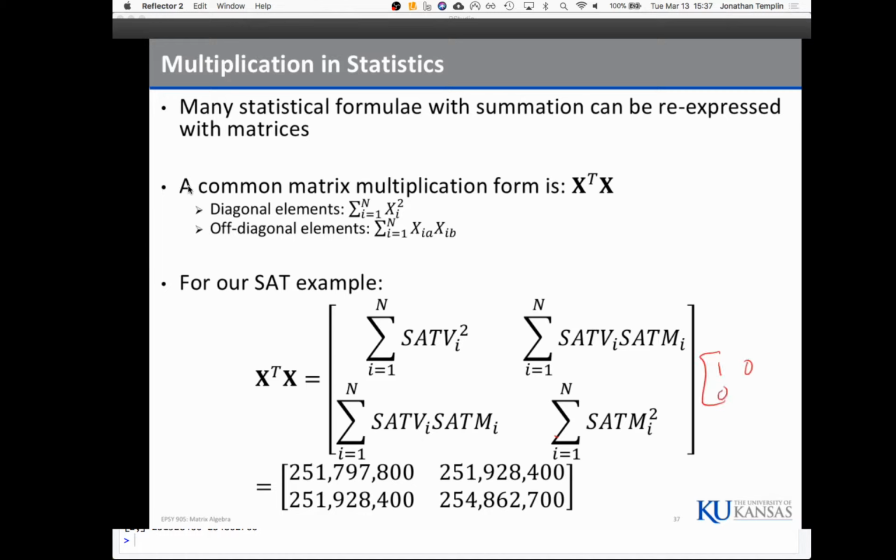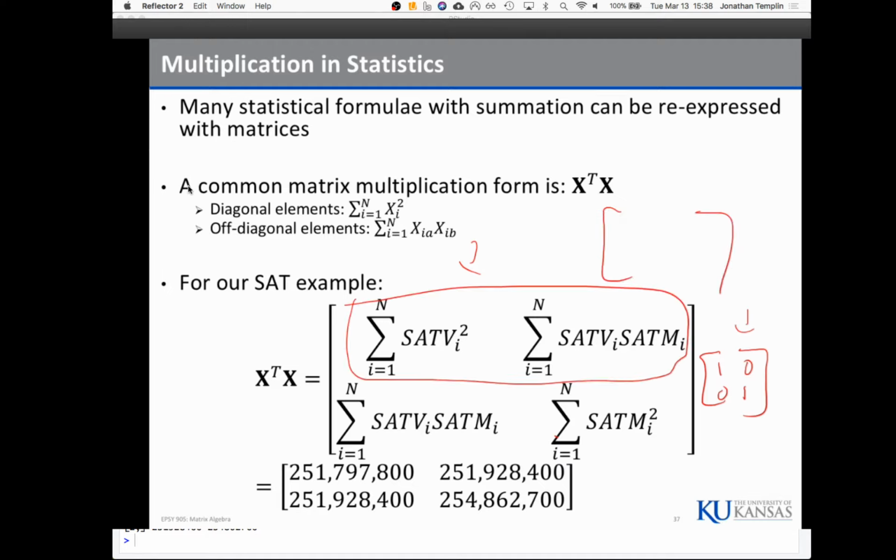If we multiply this first matrix right here by this second matrix right here, what happens? How do we form it? Remember how the matrix multiples work? The first element comes from effectively the dot product of the first row times the first column. And we have SAT variables squared times 1 plus this cross product times 0.